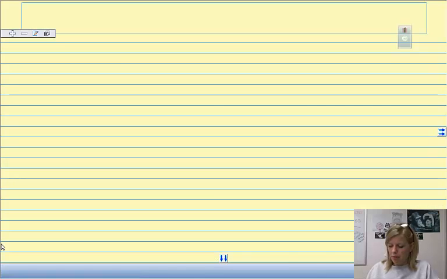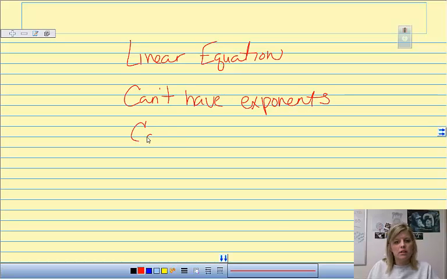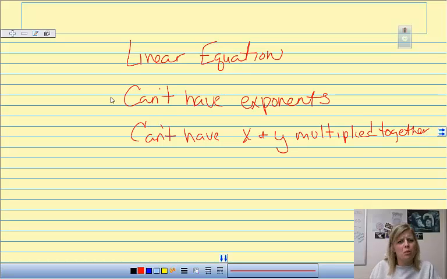Just a reminder, your three things. Linear equations can't have exponents. Can't have x and y multiplied together. Oof, that takes a while to write.